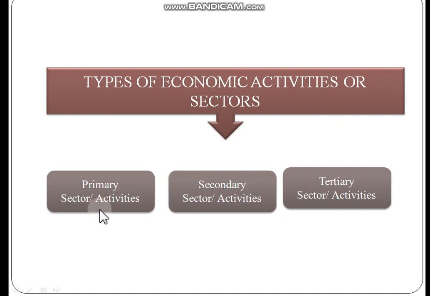The first one is primary sector or activities, second one is secondary sector or activities, and the third one is tertiary sector or activities. So, before going towards these three types of economic activities or sectors, first we will go through a video.